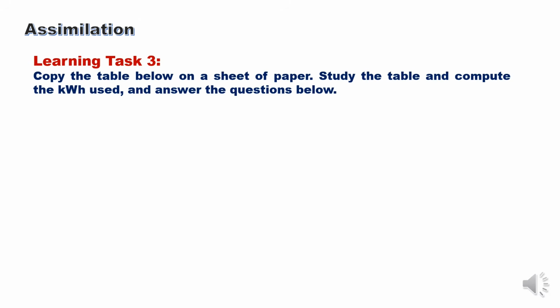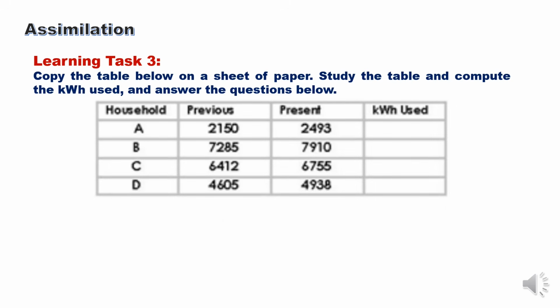For learning task 3, copy the table below on a sheet of paper. Study the table and compute the kilowatt hour used and answer the questions below. To get the kilowatt hour use of household A, subtract present minus previous. And that is 343. For letter B, just subtract again.